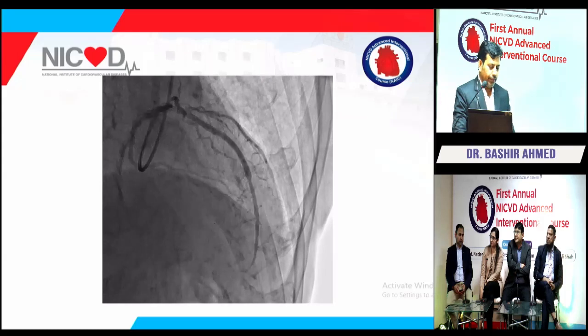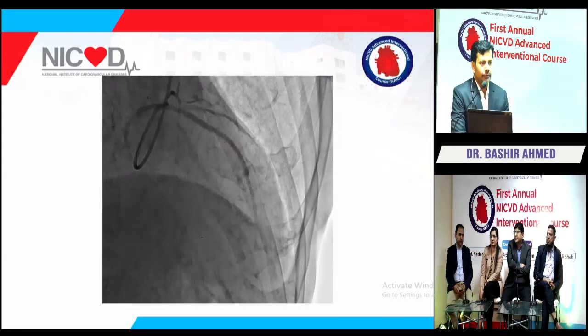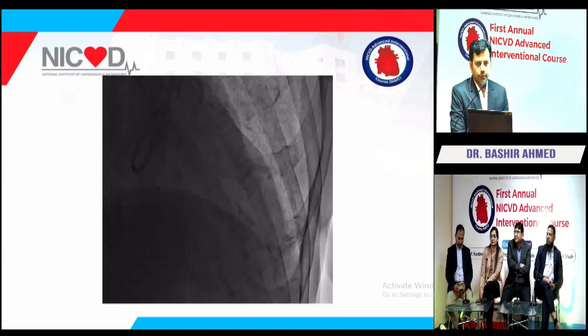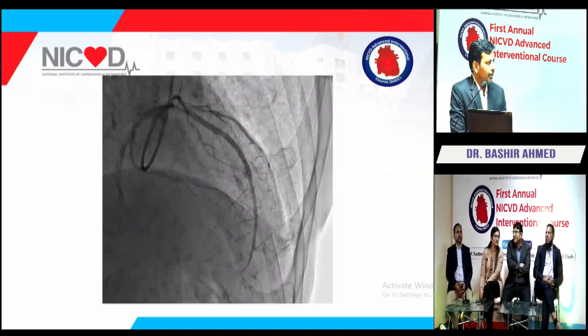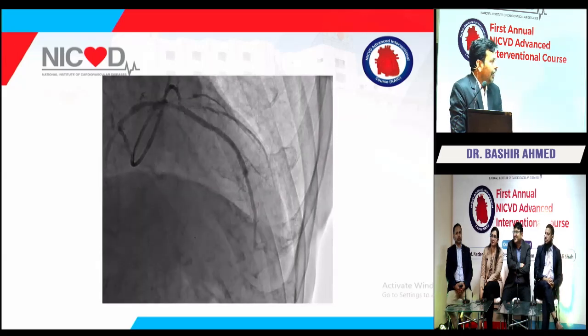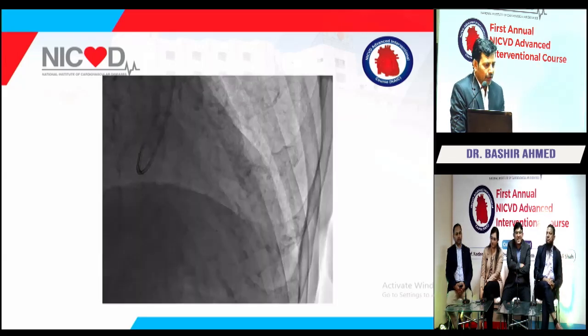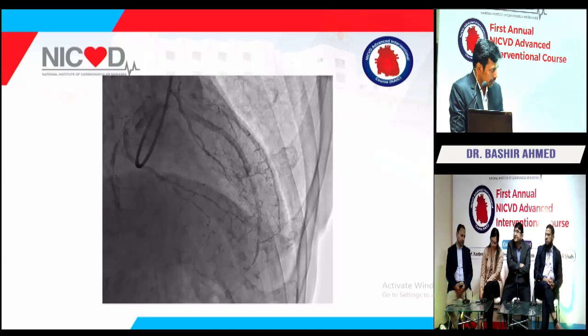Okay, so here there were 2 cases with us, and now we are moving towards chronic total occlusion. With this CTO, I want to discuss how we approach a patient of chronic total occlusion.